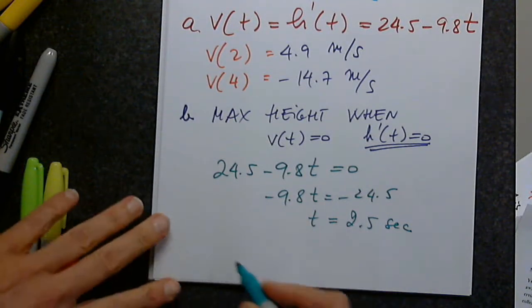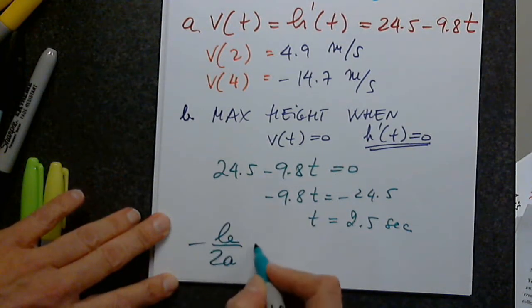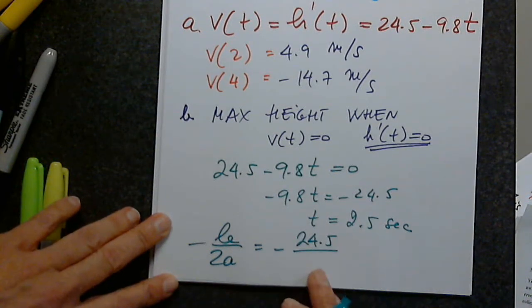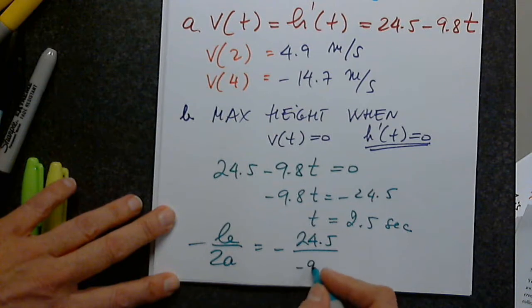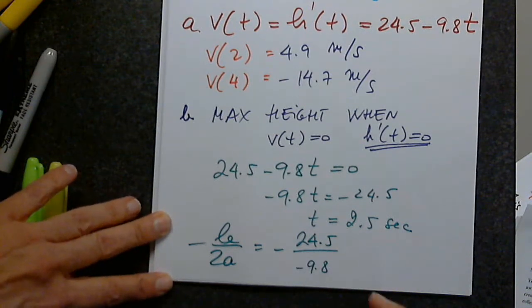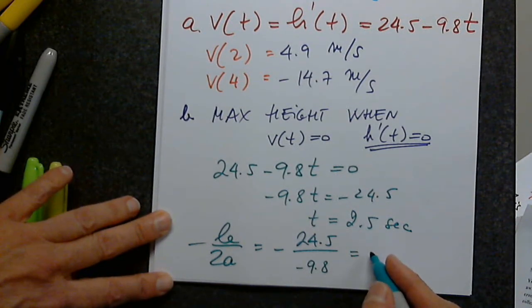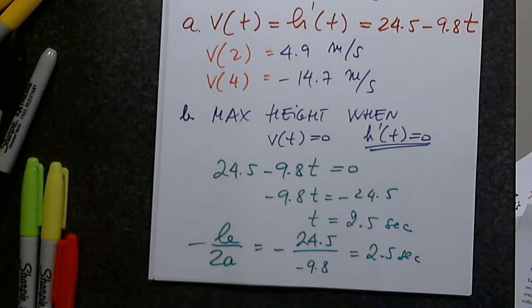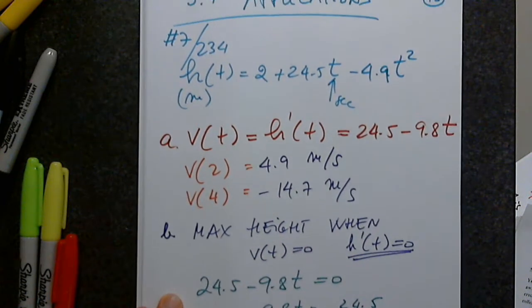Let's check. Negative b over 2a: b is 24.5, 2 times a is negative 9.8. And the answer is 2.5 seconds. So for the quadratic function, we did not need calculus. For other functions, we do.